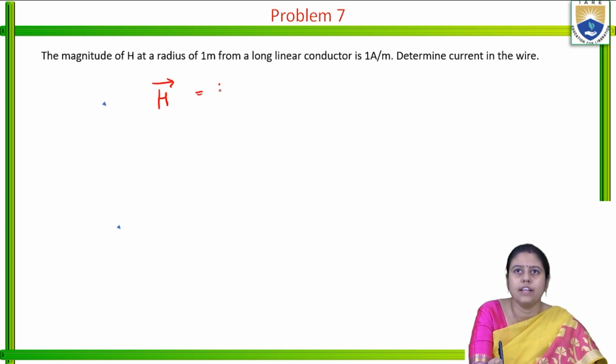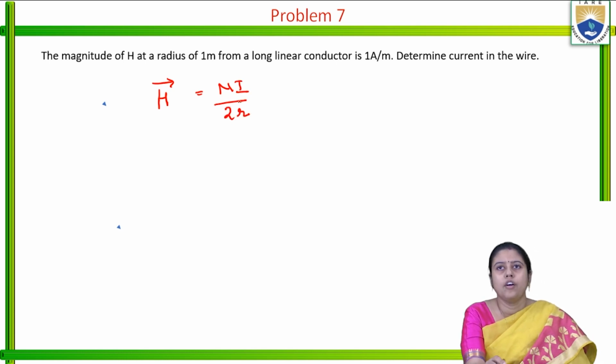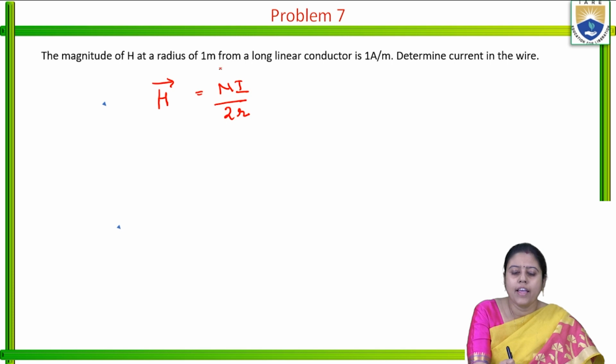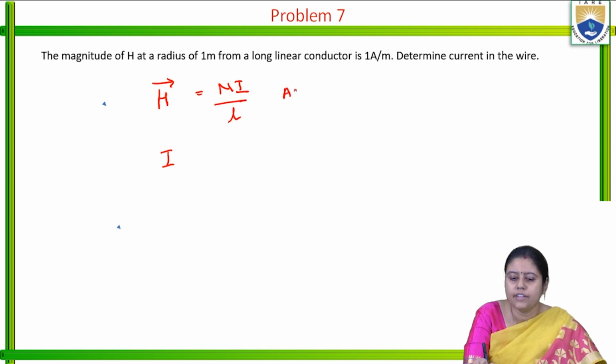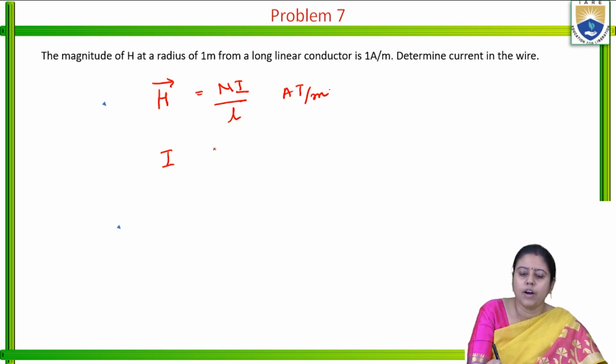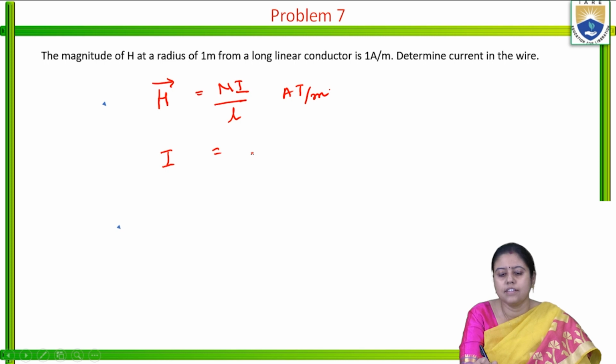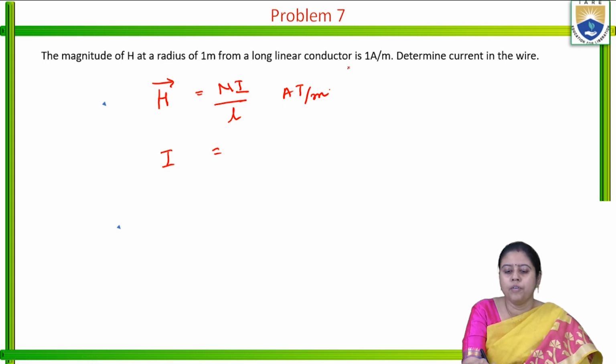H is given as NI by 2R. So what is I? Better to write NI by L, ampere turns per meter. H is given as 1 ampere per meter.